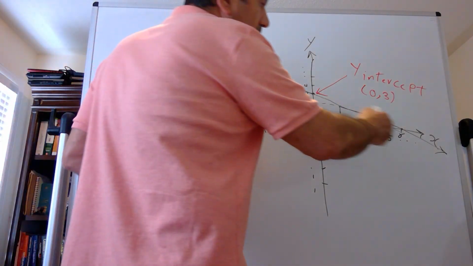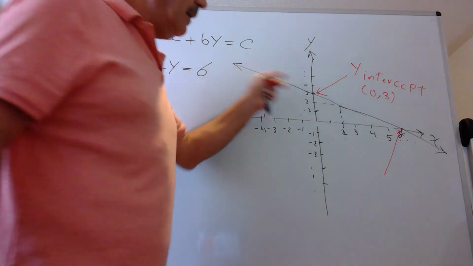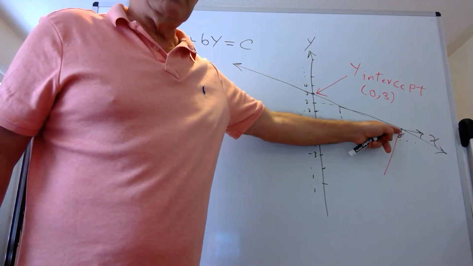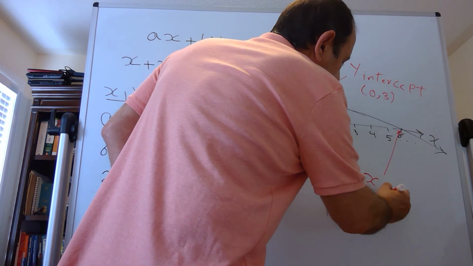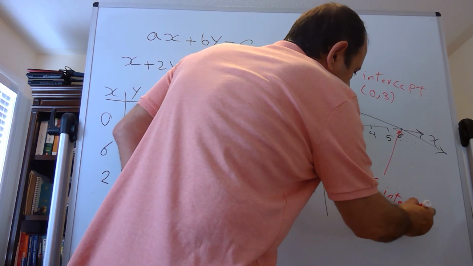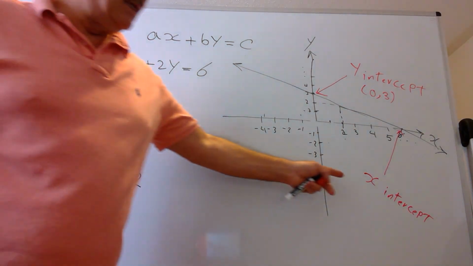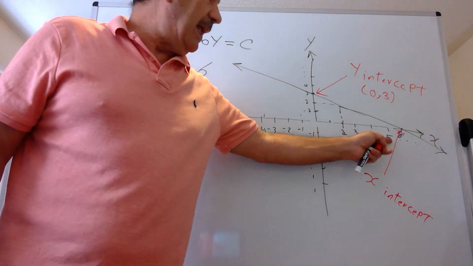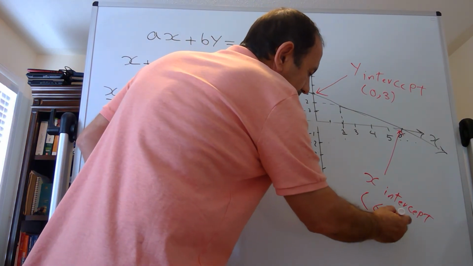And every point where the line crosses, intersecting the x-axis, which is here, we call the x-intercept. In the x-intercept, x has a value and y is 0. In this case it is 6 and 0.